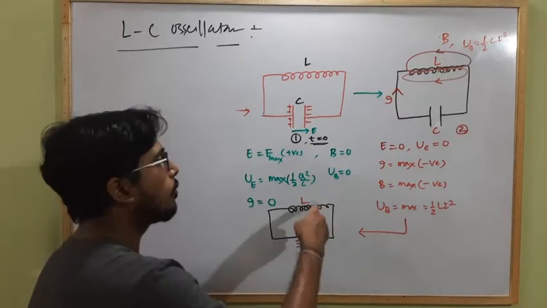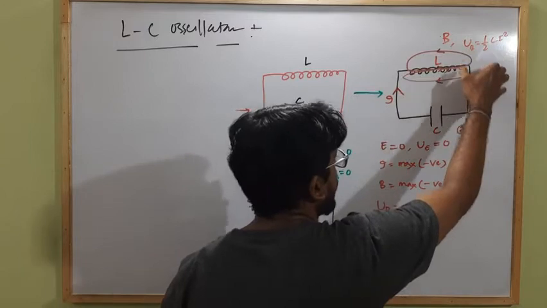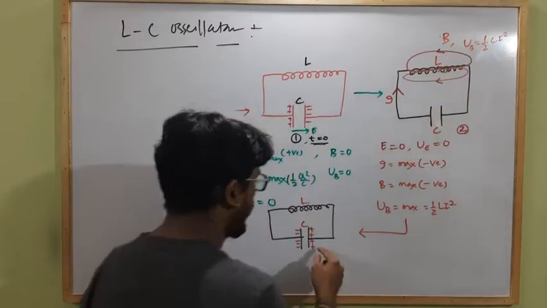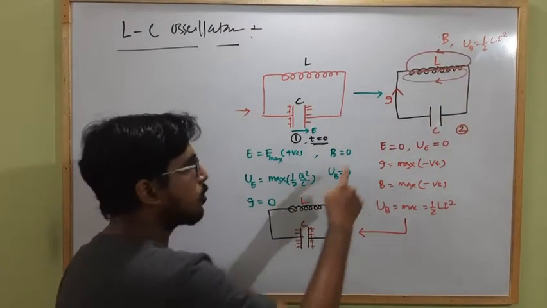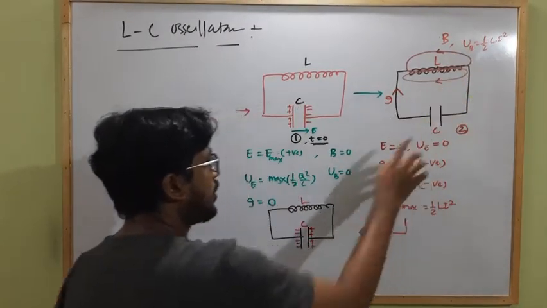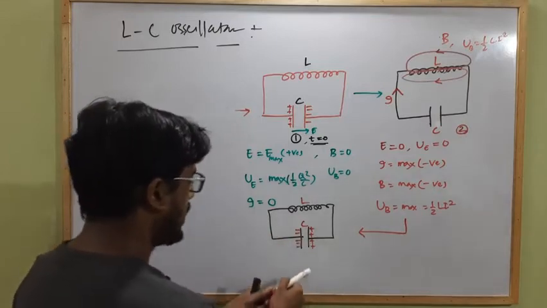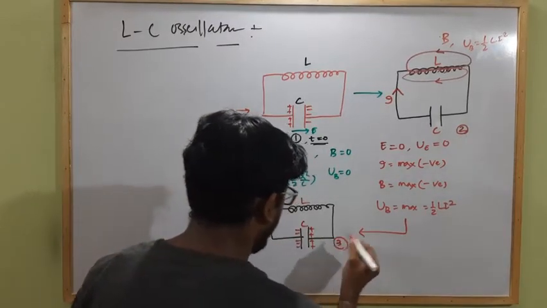Now the complete energy stored by the inductor is utilized to flow the current along this direction, so the total magnetic energy stored in the inductor is converted into electrical energy stored within the capacitor. So at this stage, let this be stage 3, what will happen?